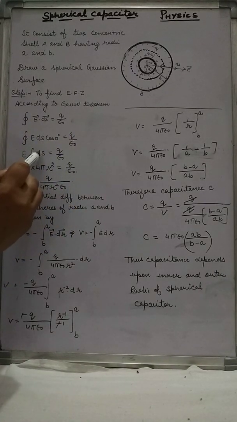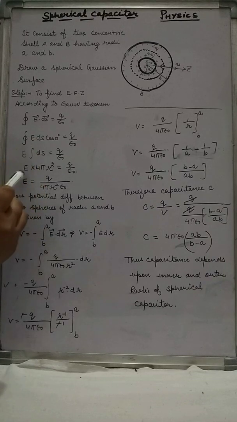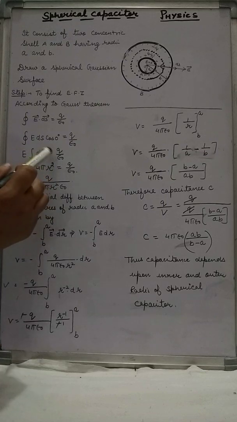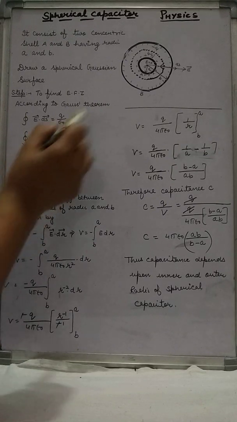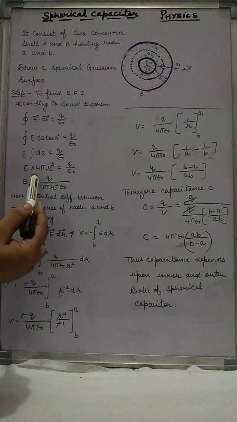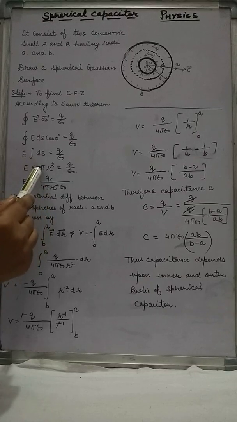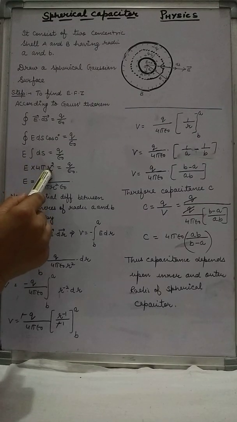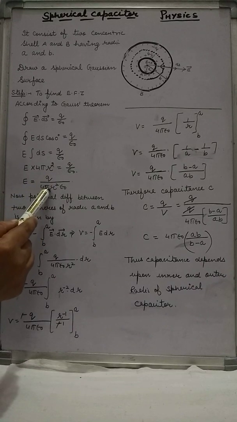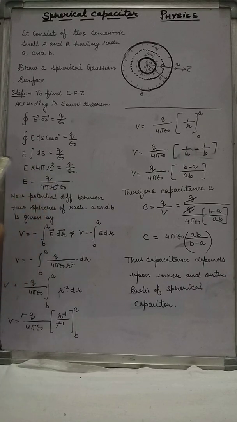Now E into closed integral of ds is equal to Q upon epsilon naught. Now integral of ds means, as this surface is in the form of a sphere, the area of the sphere is 4 pi r square. So from here E is equal to Q upon 4 pi epsilon naught r square.